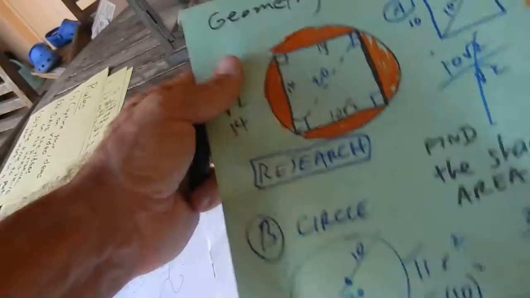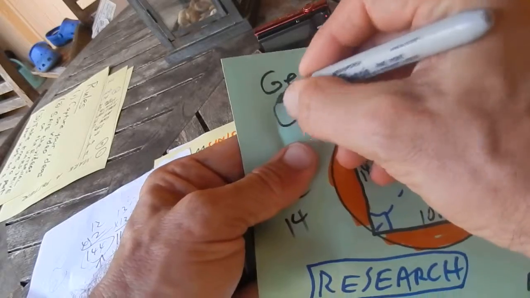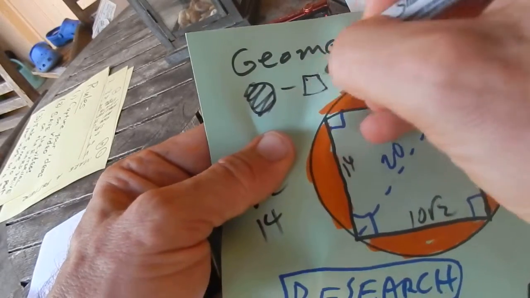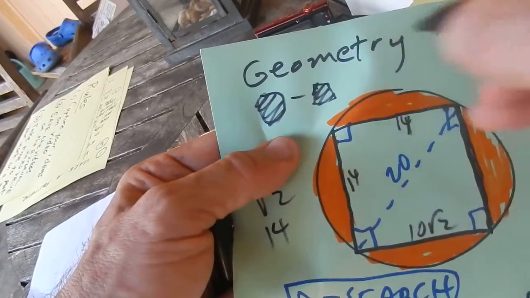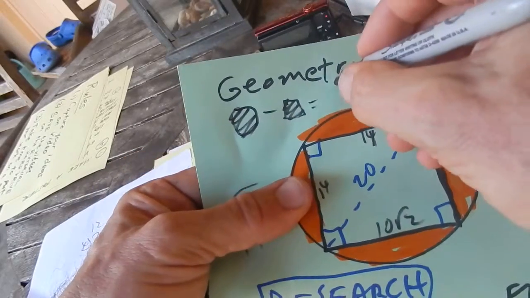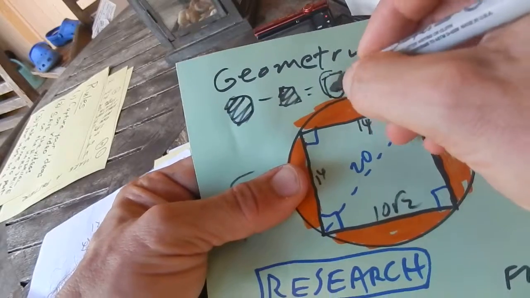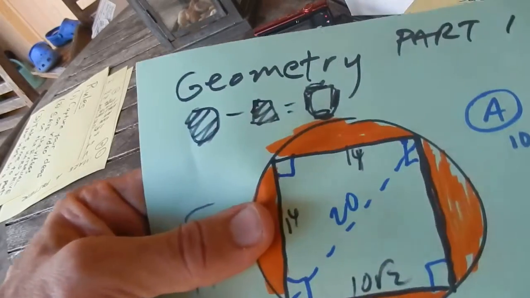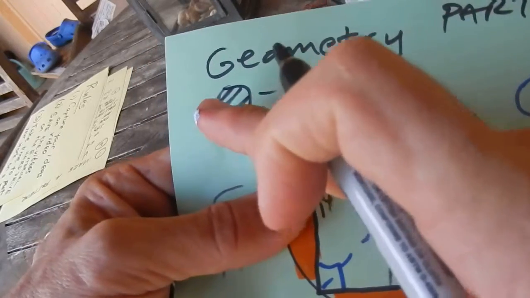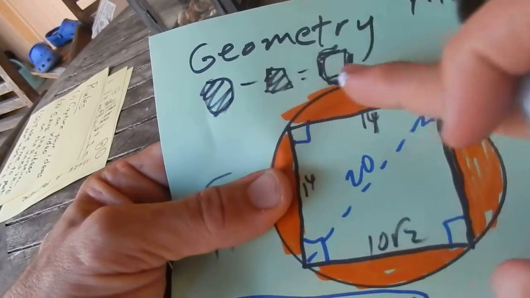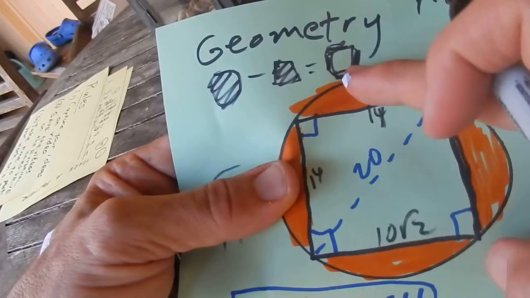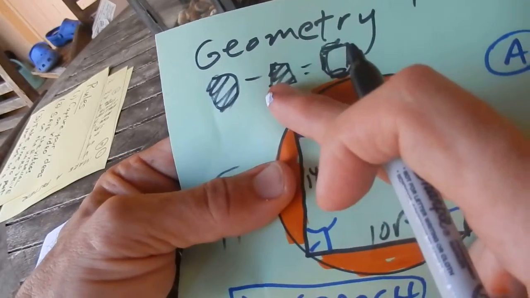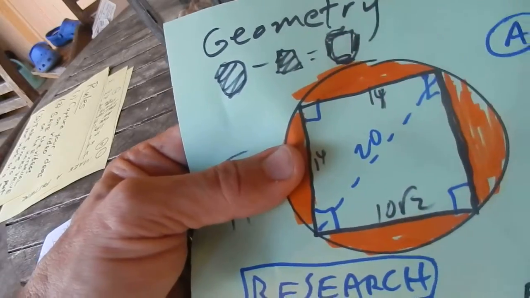So some people write this as circle area minus square area equals the shaded area. It's like a donut with a square hole. So area minus area equals the donut area. Area of a circle minus area of a square gives you the outside.